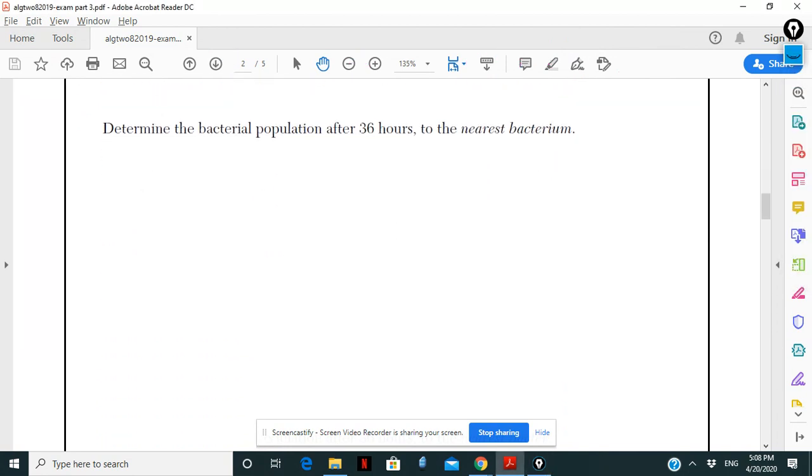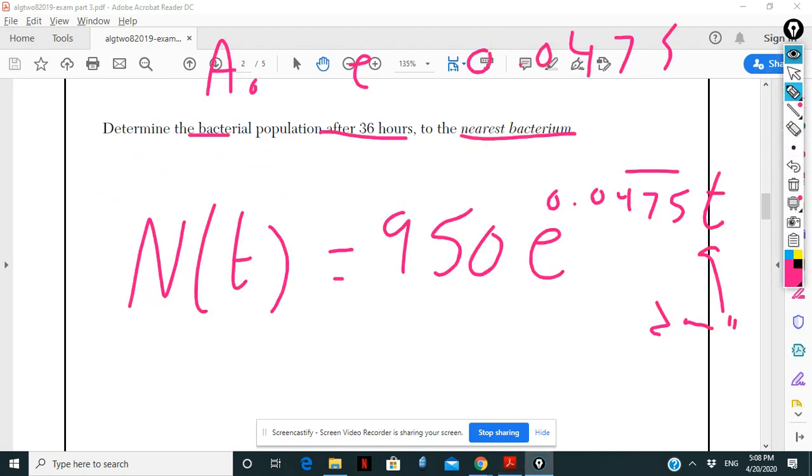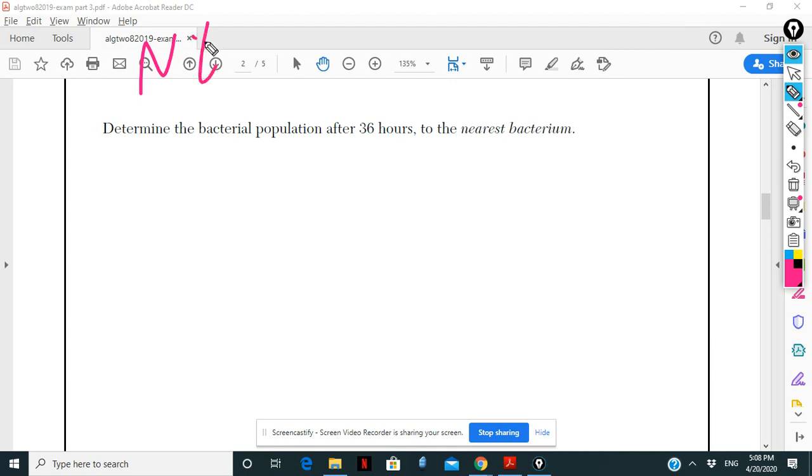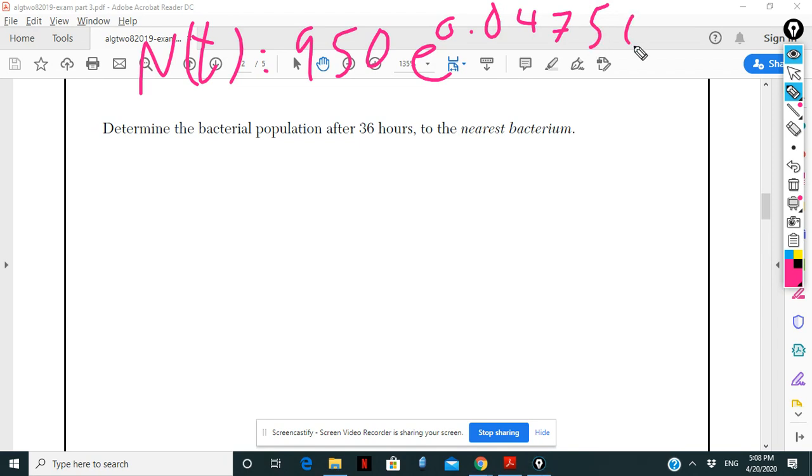Now, determine the bacterial growth after 36 hours. So now the equation N(t) equals 950 e to the power 0.0475 t. Here he is giving me 36 hours, so the time equals 36 divided by 24, which is 1.5.